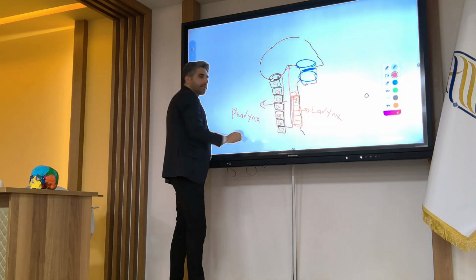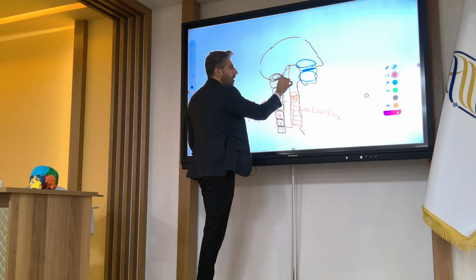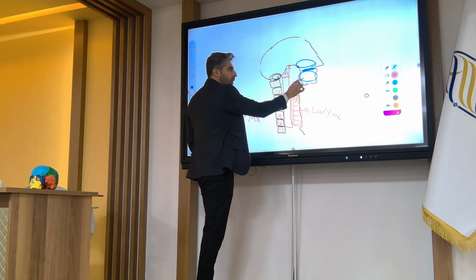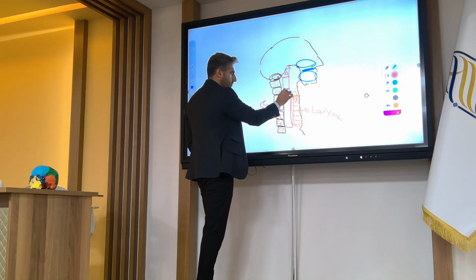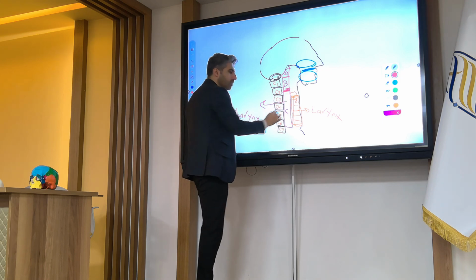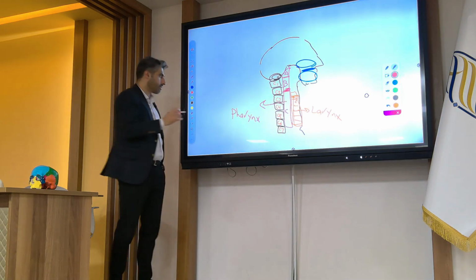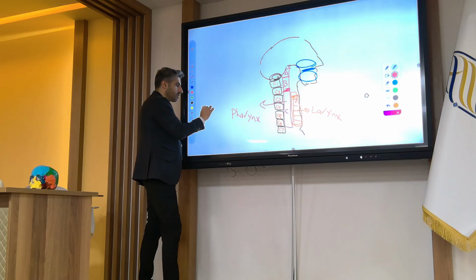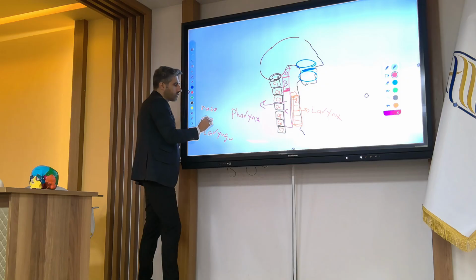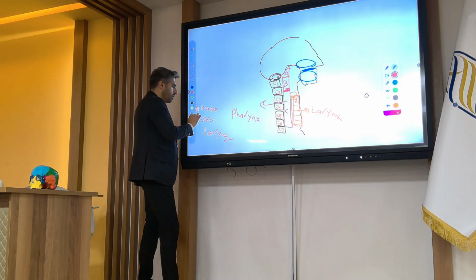You know that the pharynx has 3 parts. One part behind the nose, nasopharynx, A. One part behind the oral cavity, oropharynx. One part behind the larynx, laryngopharynx. So nasopharynx, oropharynx, and laryngopharynx, 3 parts, A, B, C.